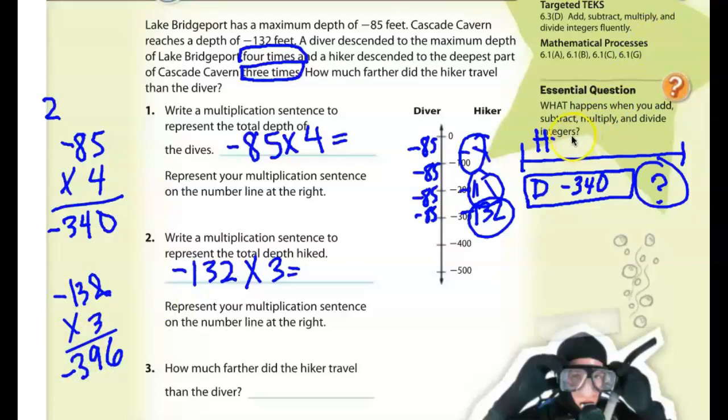So the hiker actually traveled to the depths of 396 feet. So if we were to find the difference for that, we can subtract their absolute values. So I'm going to go ahead and do 396, and I'm going to subtract 340.